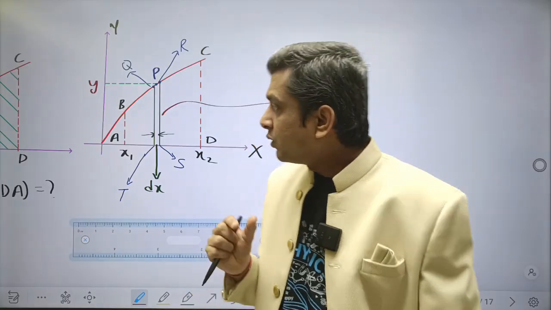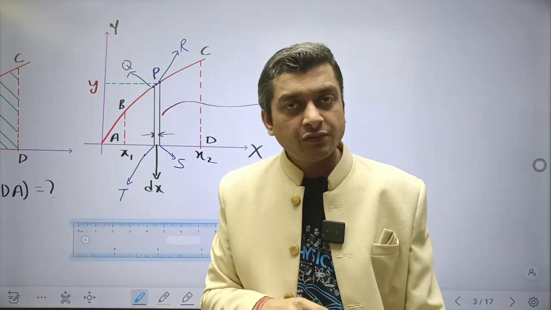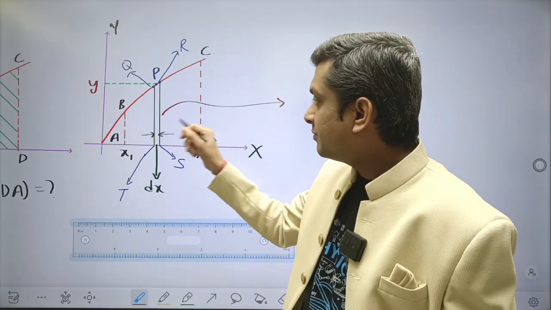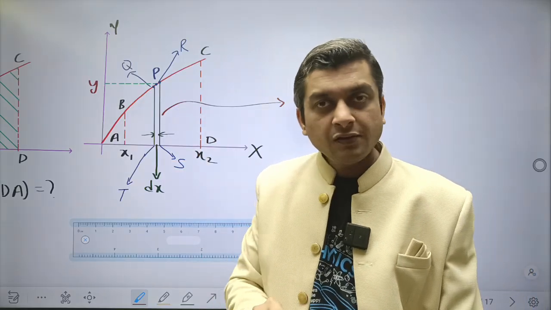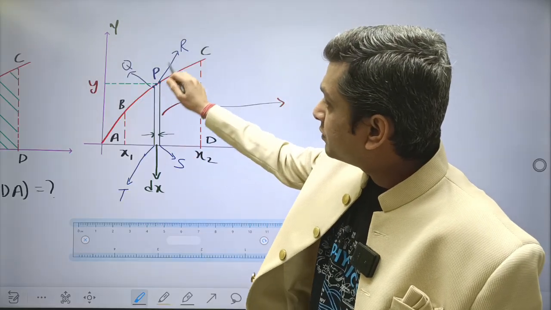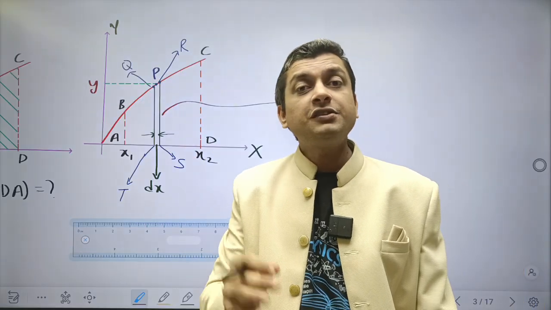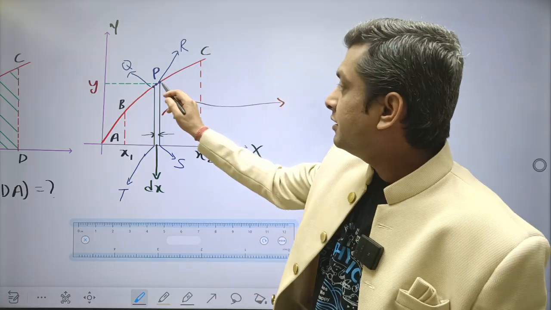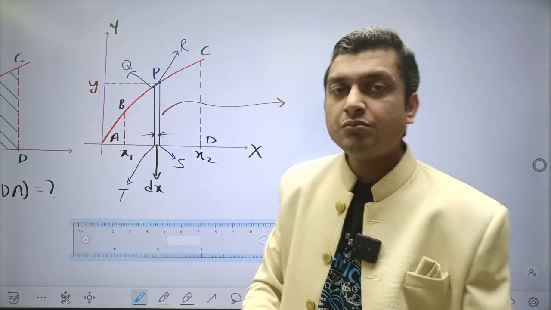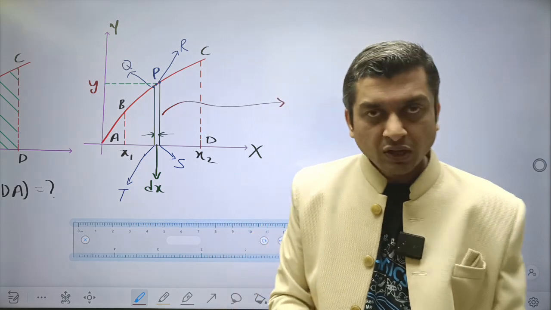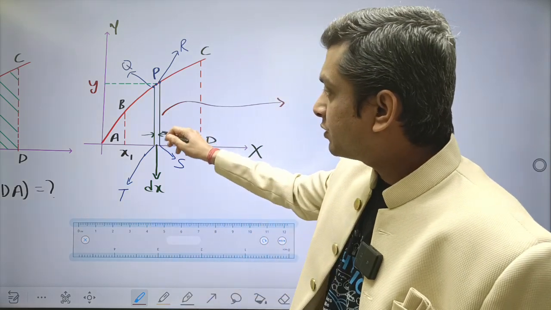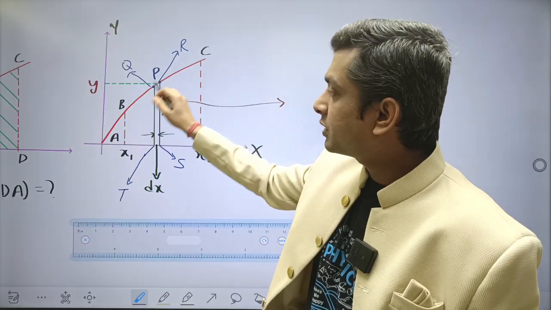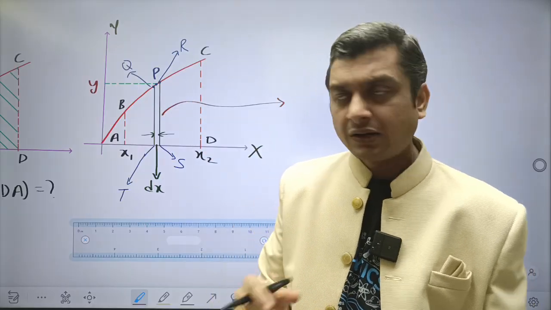The logic, as we have done in lecture 4 in differentiation, is that if we take this elementary strip's width very small, then the portion of the curve QR will appear as a straight line, and this is what we want, that this portion QR must be straight. So we take the width of this elementary strip as very small, so that this portion QR of the curve appears as a straight line.